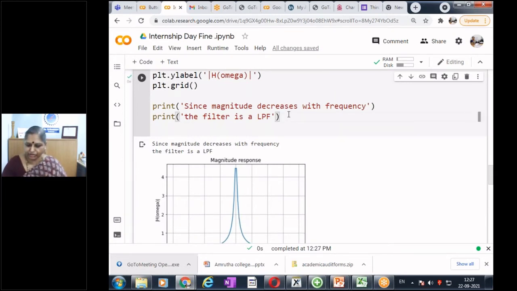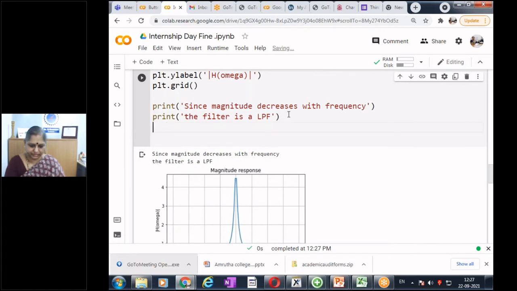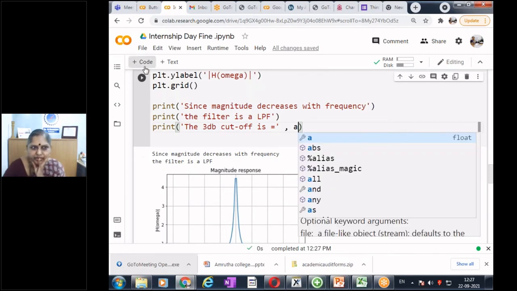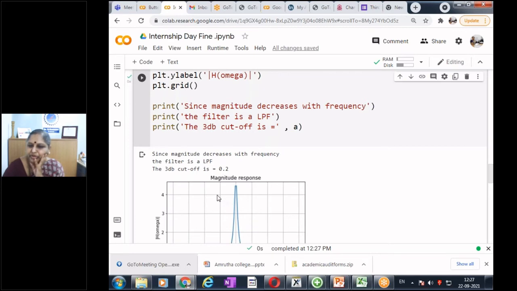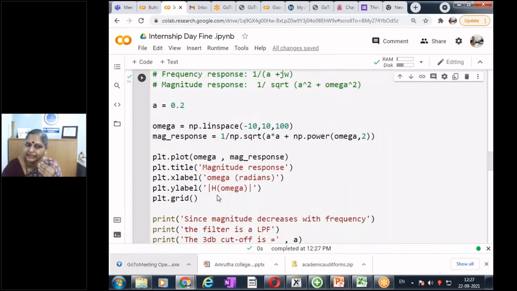We can add one more statement: print the 3 dB cutoff is... what's the 3 dB cutoff? 0.2.